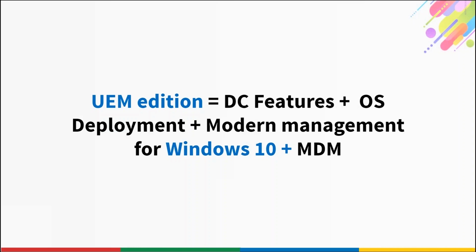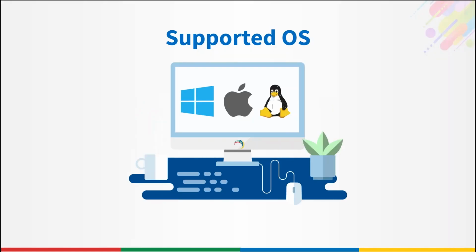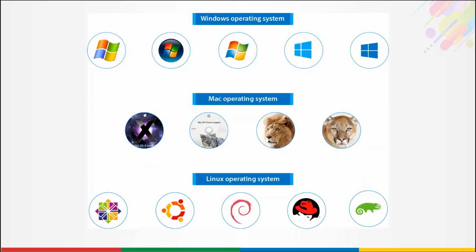And again, all you need is one license, where you get all the components that can be managed in a single installation. Supported operating systems: Desktop Central supports all 3 major operating systems, Windows, Mac, and Linux. Here you may see a list of the versions that we are supporting in Desktop Central.